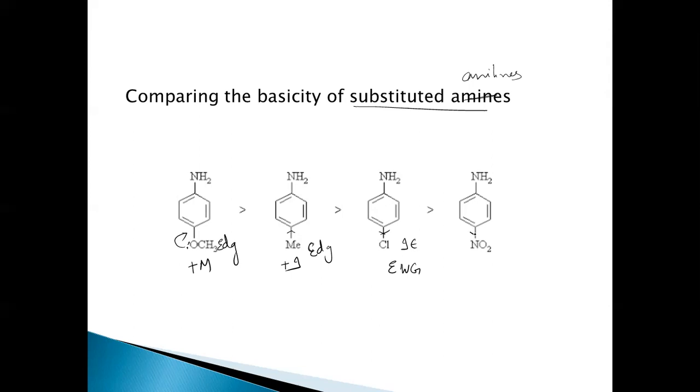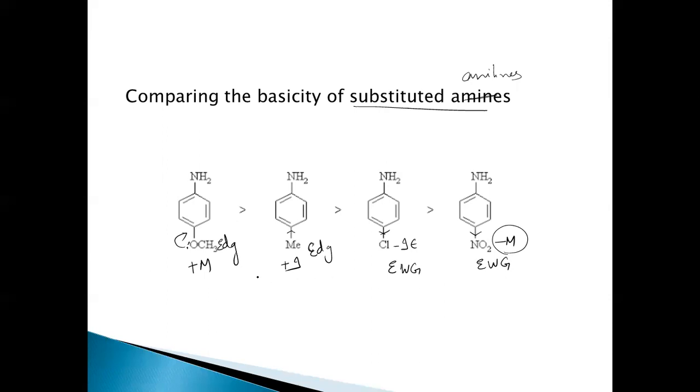And NO2 is also an electron withdrawing group, but by means of minus M effect, minus E and minus M effect here. So this is a stronger withdrawing group than chlorine because it's a mesomeric effect and this is an inductive effect. So this is the basicity order of the substituted anilines.